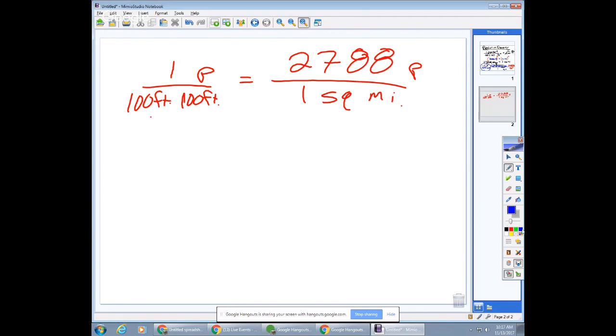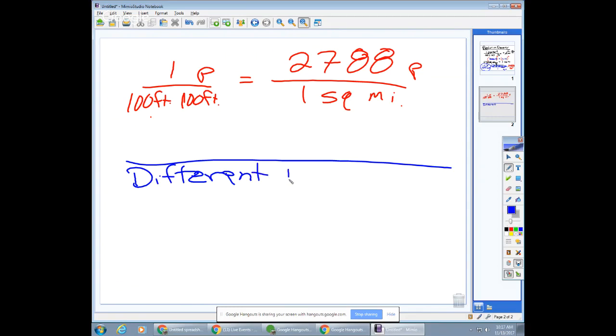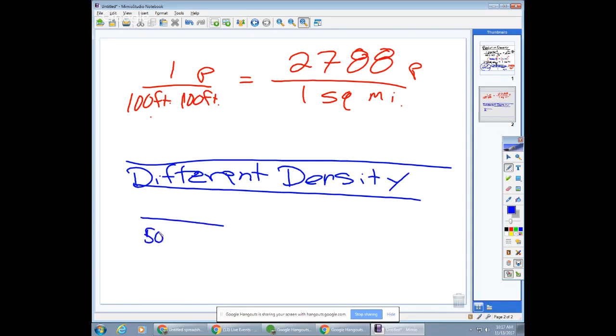So just imagine now. Let's tweak this just a little bit. Suppose different density. We've got to cram more people in Pendleton, so all new lots are going to have to be 50 by 100. Now, there's going to be more than one person in a lot, but let's just put one person in each lot.